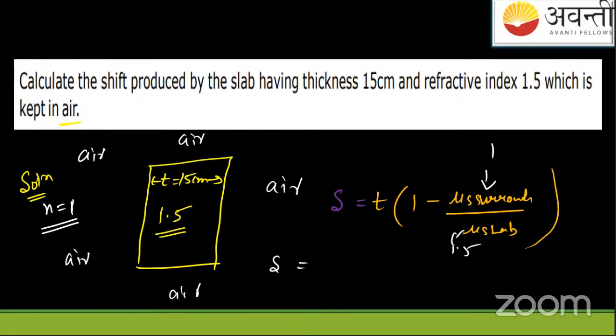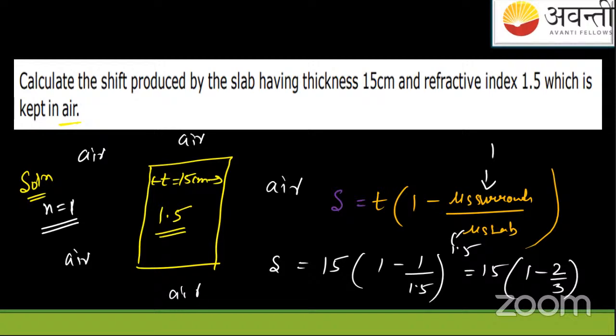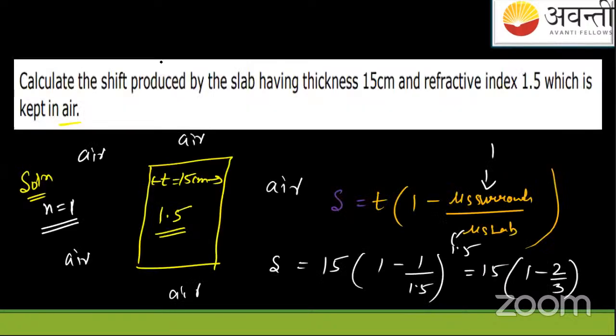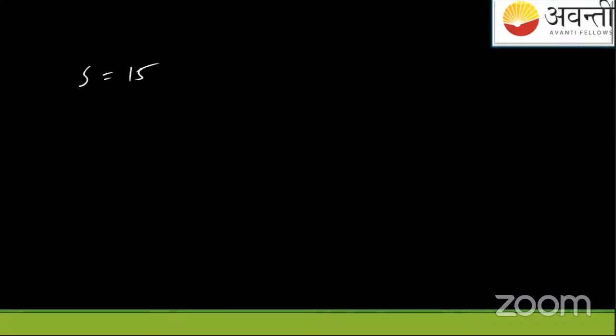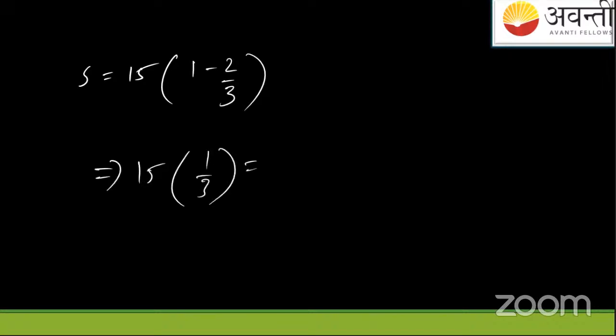So the shift comes out to be, T is the slab thickness, 15 centimeter, times (1 minus 1 upon 1.5). This will come out to be 2 by 3. So when we solve this completely, we get the shift as 15 times (1 minus 2 by 3), which is 1 by 3, that is 5, and it's positive. So the shift is positive.